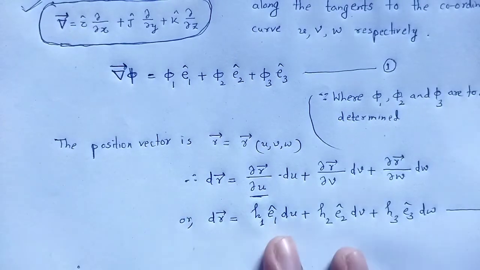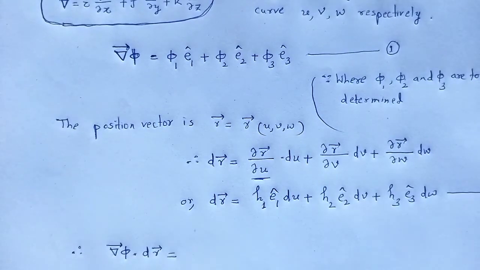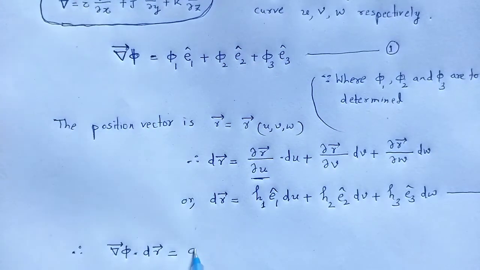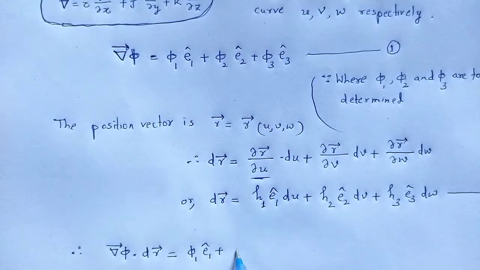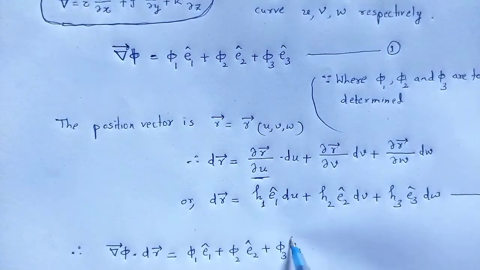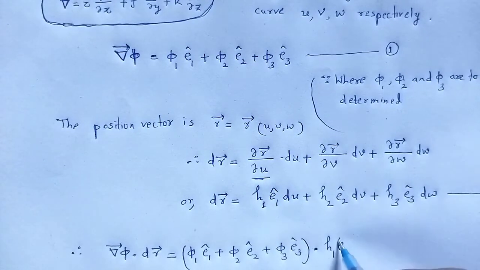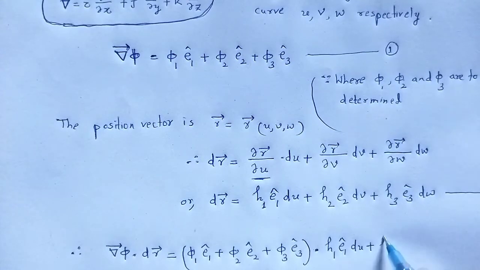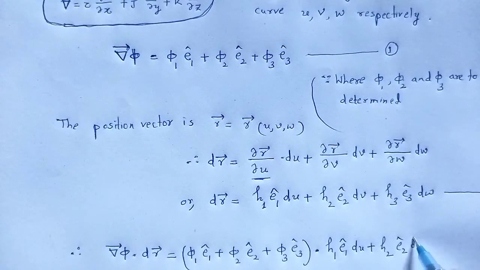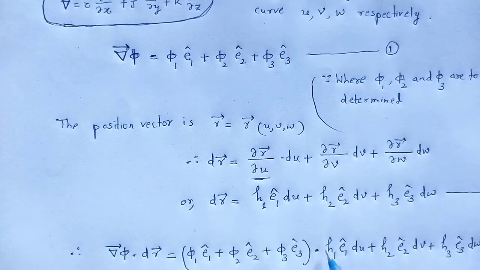Therefore, grad phi dot dr, with the value of grad phi being phi 1 e1 cap plus phi 2 e2 cap plus phi 3 e3 cap, dot product with h1 e1 cap du plus h2 e2 cap dv plus h3 e3 cap dw.